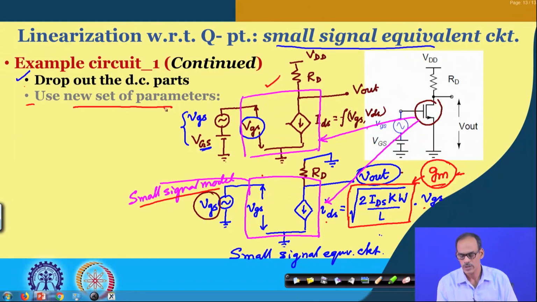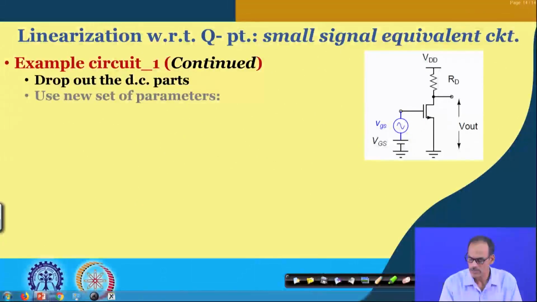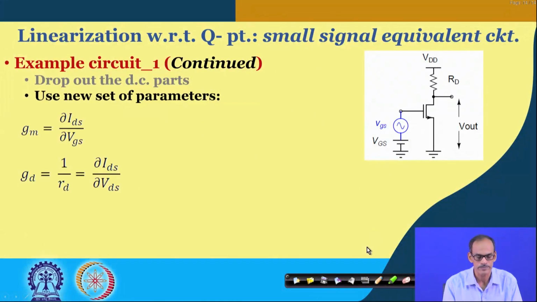Let us see what other parameters there are along with this GM. And a very important thing is that this small signal parameter is a function of the operating point, or depends on the operating point.